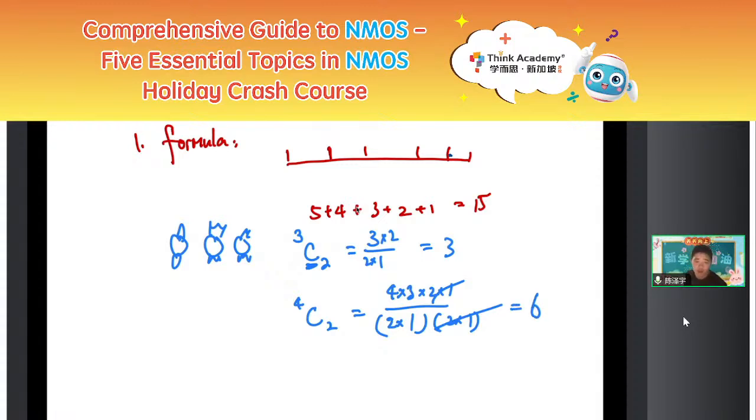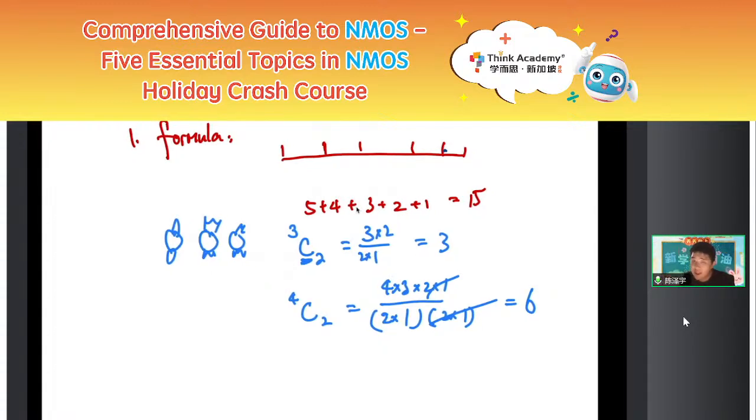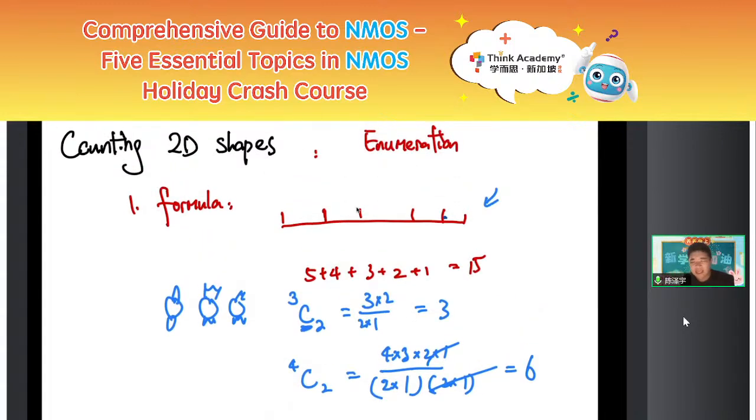So why am I talking about this? Because we actually have a slightly faster way to count the number of line segments in this diagram. What do you need for a line segment? You just need 2 ends. So choosing a line segment is the same as choosing 2 points as your two ends.